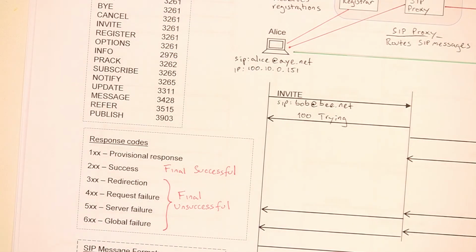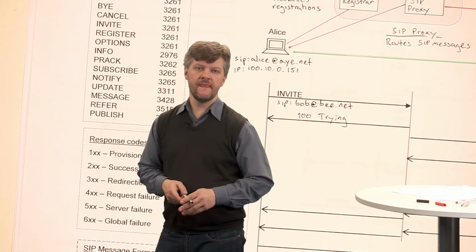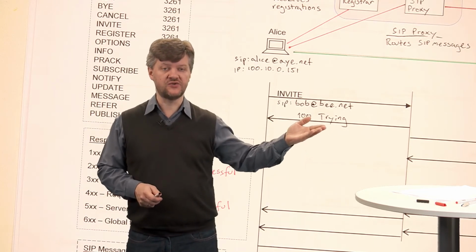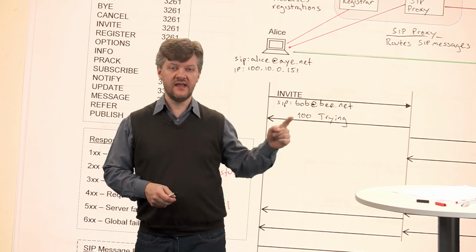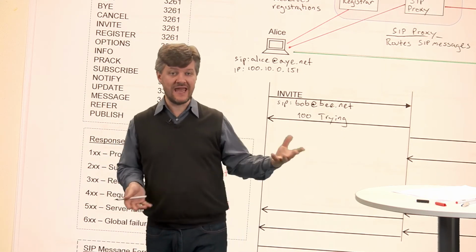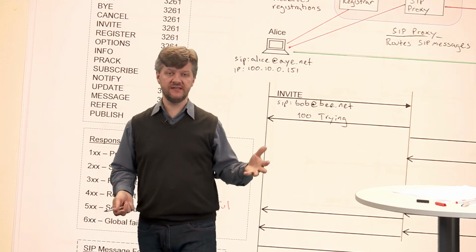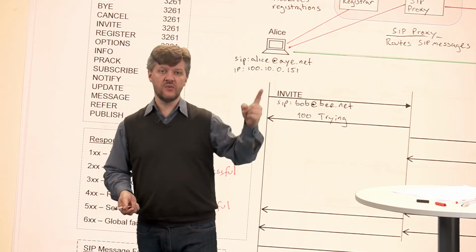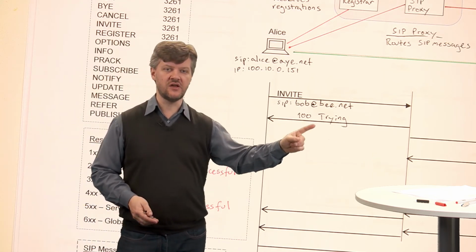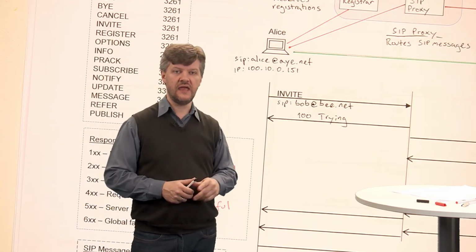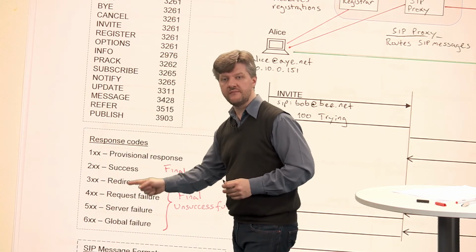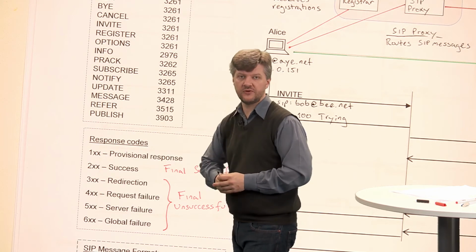Incidentally, regarding these numbers, it says 100 trying, and I put this word in, but the fact is, the word here doesn't really mean anything. Well, you know what it means in English, but to the machines getting this, it doesn't mean anything. When Alice's user agent gets this 100 trying, it does not care about the trying. It only looks at the number. So with response codes, the numbers are all that's important.